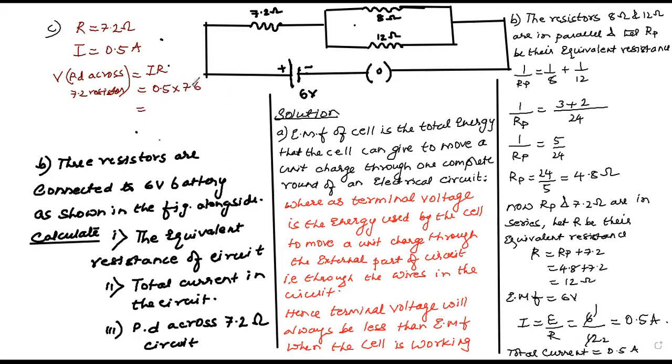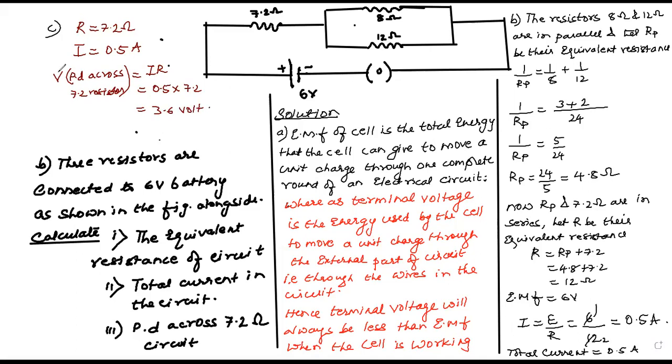1 upon 2 into 7.2. So what will happen, children? 0.5 is 1 upon 2, into 7.2. So it will become 3.6 volts.